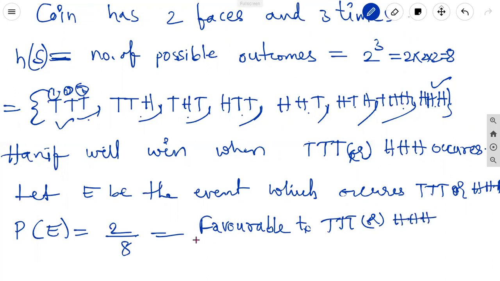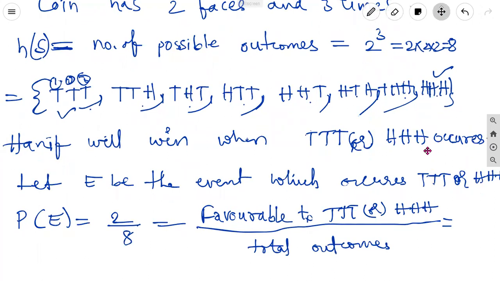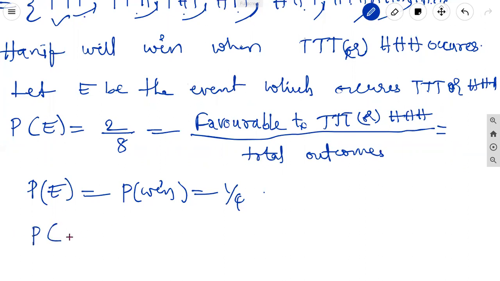This or that means 1 plus 1, 2 cases are there, over total outcomes. Probability of winning the game or probability of the event equal to 1 by 4.